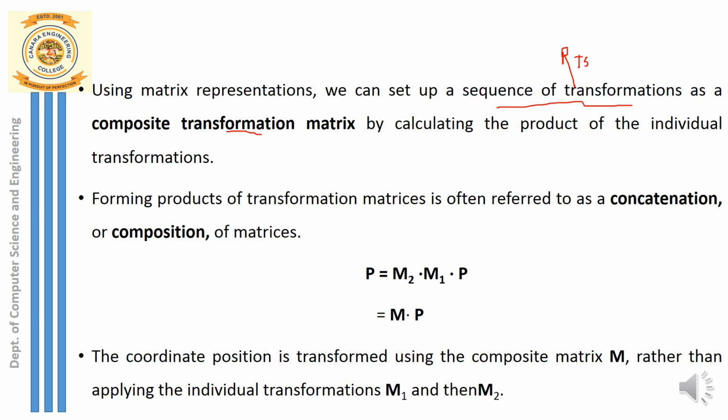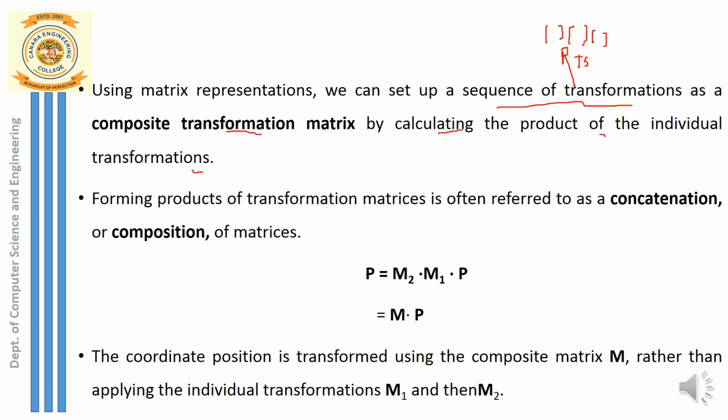You can apply all three in sequence, and whenever you apply them in sequence, you are supposed to calculate the product of the individual transformations. So if you are representing each individual transformation in matrix format, that means we have a rotation matrix, a translation matrix, and a scaling matrix.